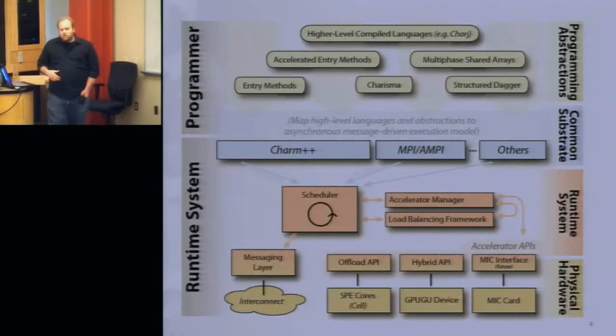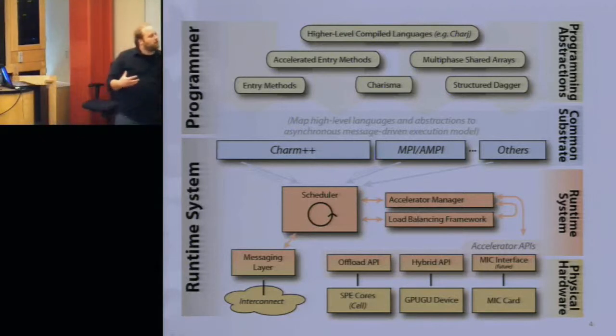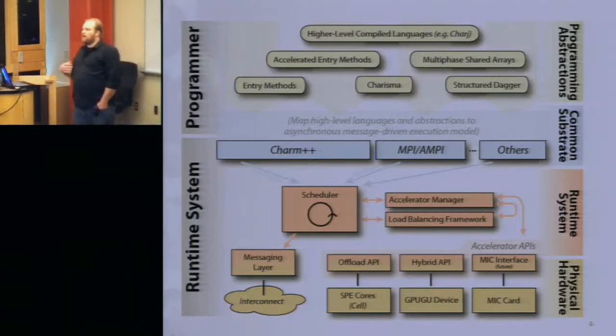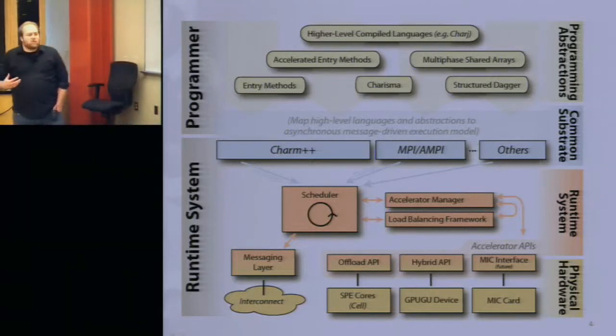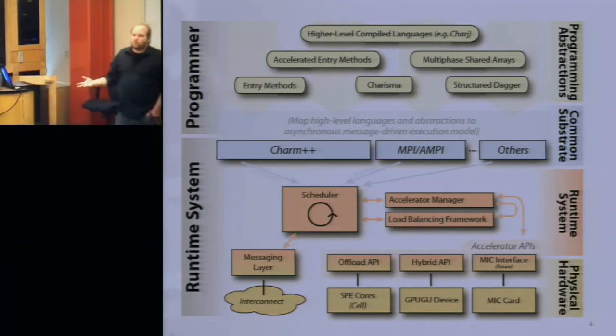All right, so with that in mind, we're working on including support for these accelerators into Charm++, and the figure here is basically a high-level overview of where this fits in the entire Charm ecosystem. At the very top, you see several programming abstractions, and these have been included into Charm++ for a variety of reasons.